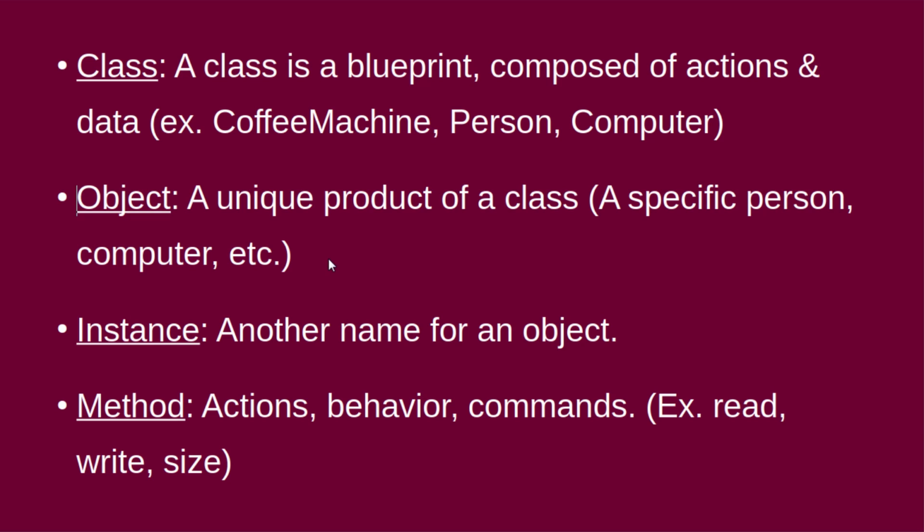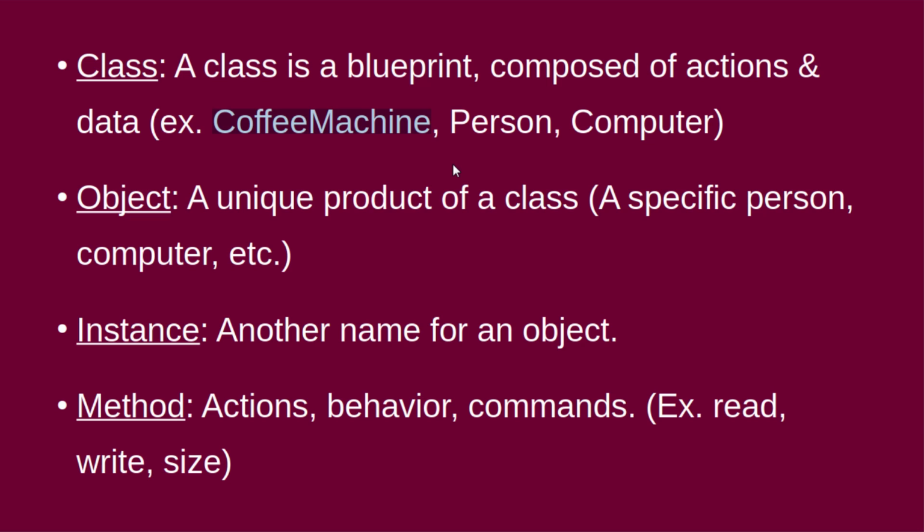So the next term is object, and all of these four terms on this slide are closely related together, okay? So an object is the product of a class. What does that mean? Well, just like you can have different coffee machines, with different models, different kinds of machines, right? That will be a specific machine that you have at home. That will be an object. And your neighbor has a different machine.